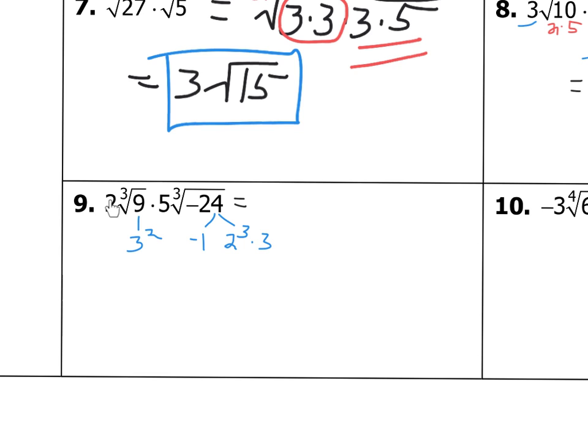I want to multiply the 2 times the 5, which is out in front, first. So 2 times 5 is 10. And then because the indexes are the same, I'm going to put everything underneath one index. So I have a negative 1 times 3 2s. You can leave them in power form and divide if you want to. And I have 3 squared and a 3, so that's 3 3s all together.